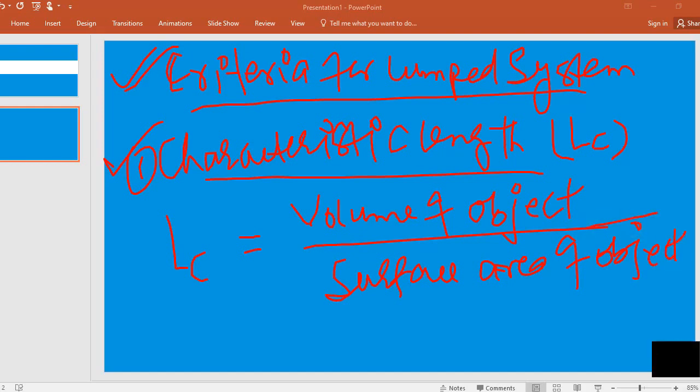The volume of the object is denoted by V and the surface area is denoted by AS. So the ratio between the volume and surface area of the material is the length which is called the characteristic length of the material.